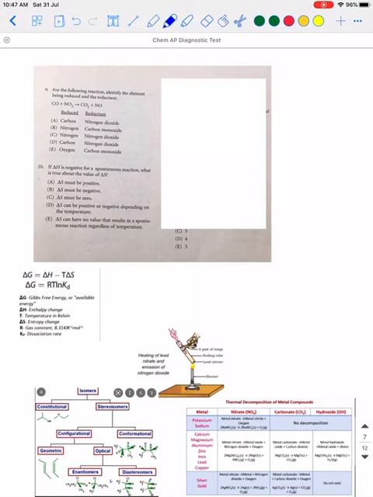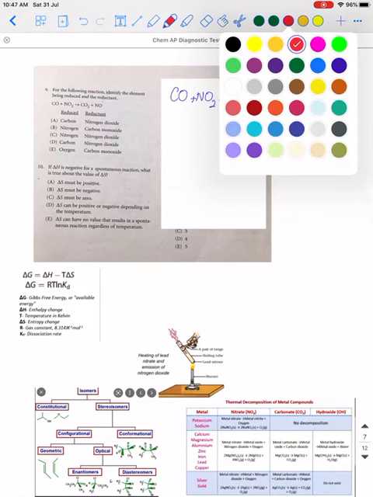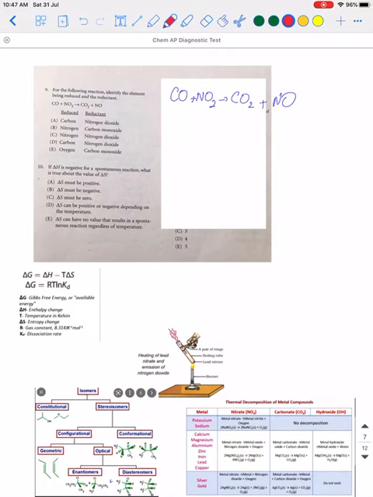The equation of our interest is carbon monoxide plus nitrogen dioxide to give carbon dioxide and nitrogen monoxide. Let me first assign the oxidation numbers as per the rules that we know. Carbon monoxide: the oxygen in this compound is not a peroxide, nor a superoxide, so it is -2, which makes the carbon +2, because the summation should equal 0 for a molecule with charge 0.